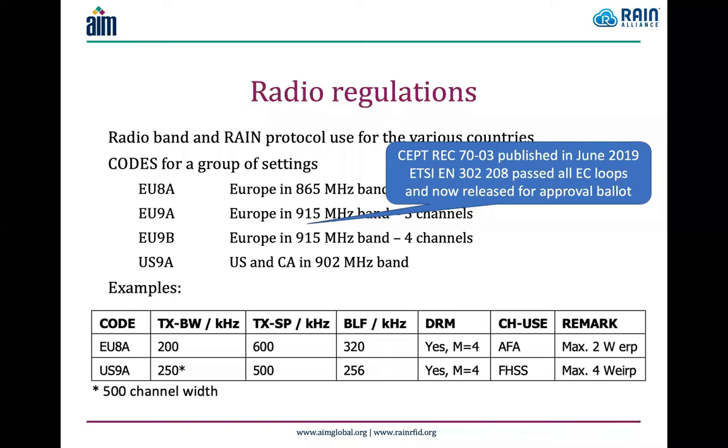Actually, it was done yesterday. So this document is now in a 4-month ballot until early August. And assuming that we don't get many comments this time, this means this document will be available then in fall 2020. And then all the basics for the 915 megahertz band are really completely done.